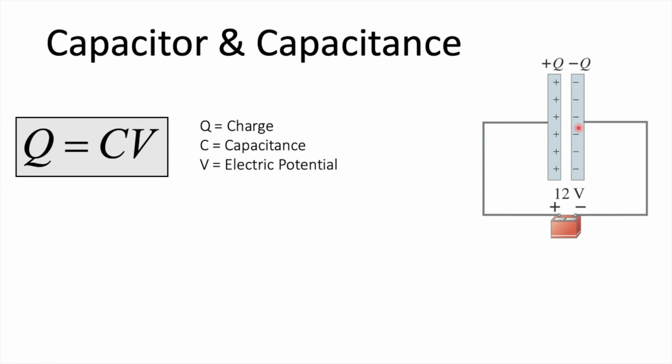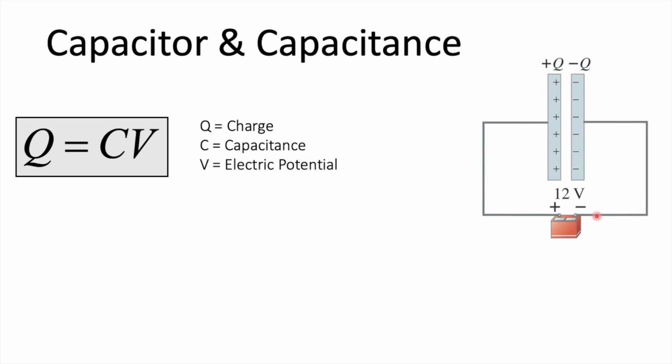So this is a simple example of a parallel plate capacitor. Here are two plates that are connected to the potential source. This battery provides the required potential difference for charges to move around this conducting wire.